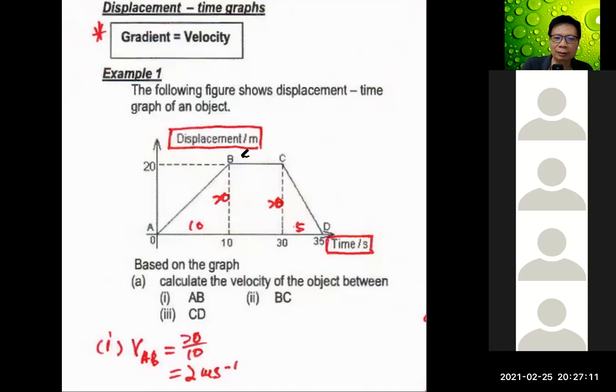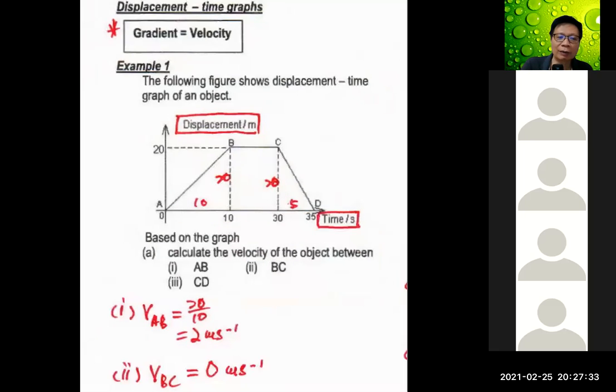Okay, what about BC? What is the velocity of BC, from B to C? Danny Yap, what is the velocity BC? 0. Yes, not moving, so 0. Or maybe we say gradient: a horizontal line does not have any gradient.